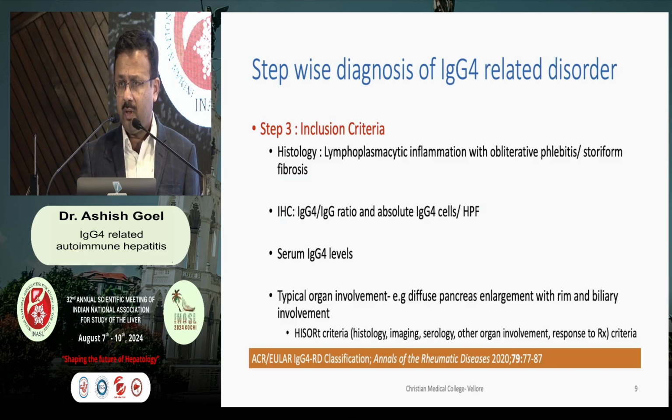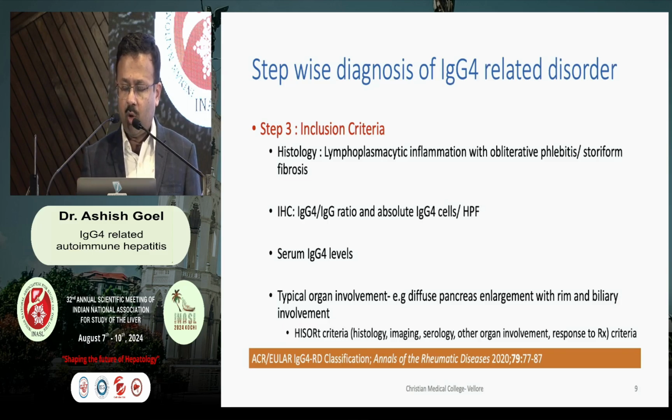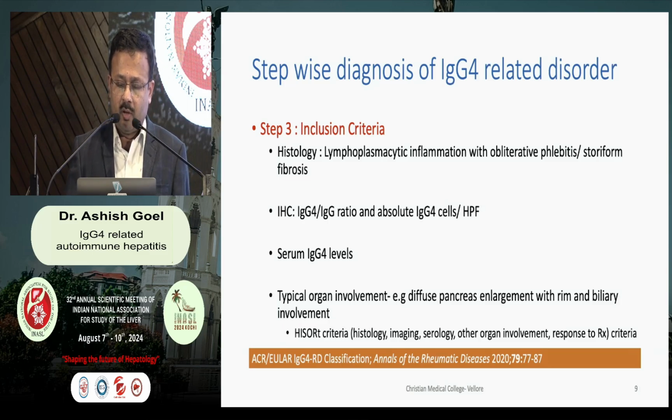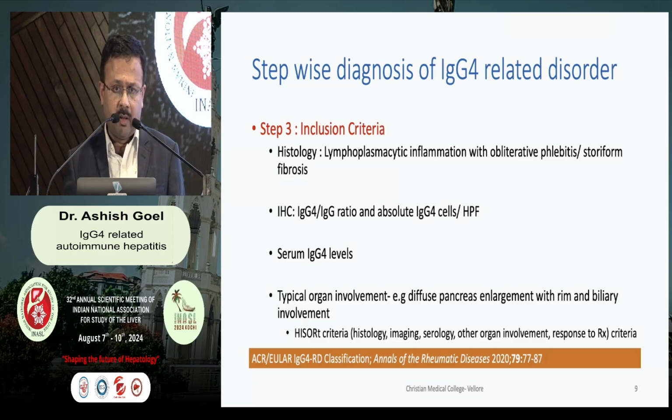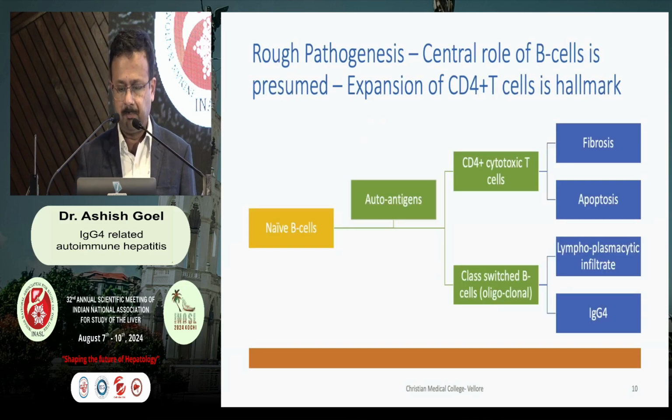Serum IgG4 is elevated in a percentage of patients, but it is not essential for a diagnosis. Typical organ involvement is always important. For instance, in the pancreas, radiology will show diffuse pancreas enlargement with a rim and biliary involvement. There are organ specific diagnostic criteria, and I am not going into detail of this.